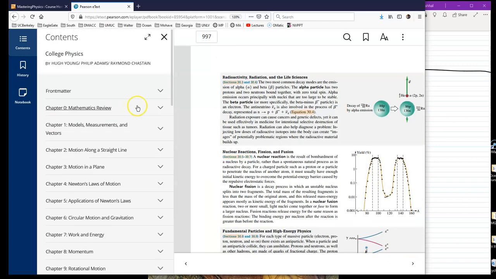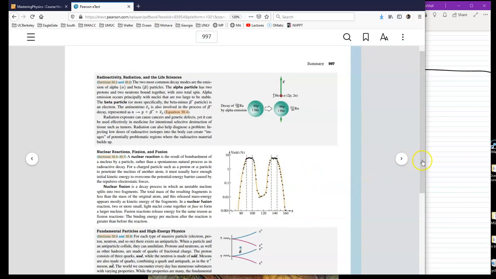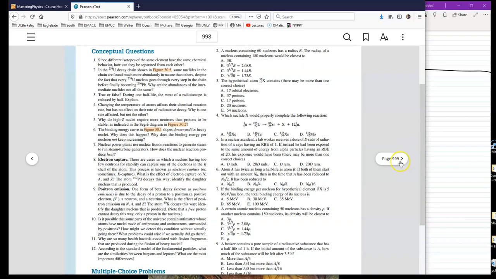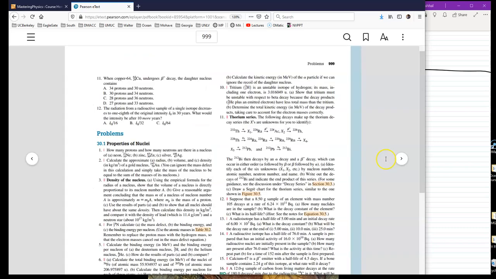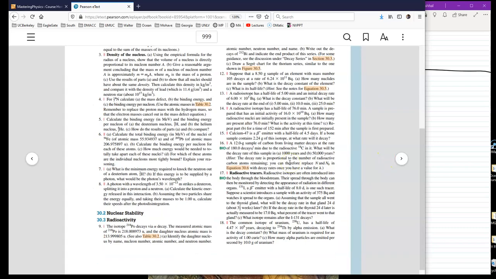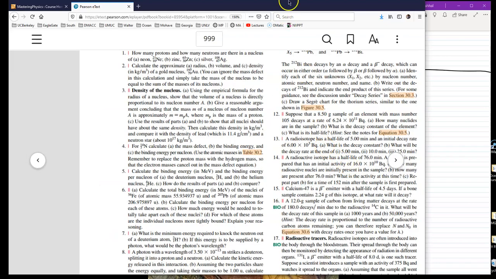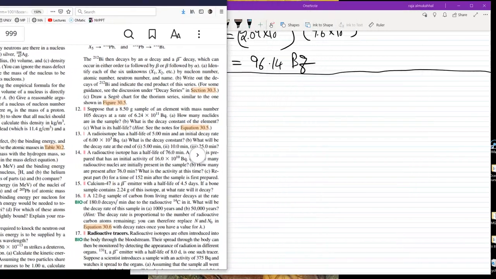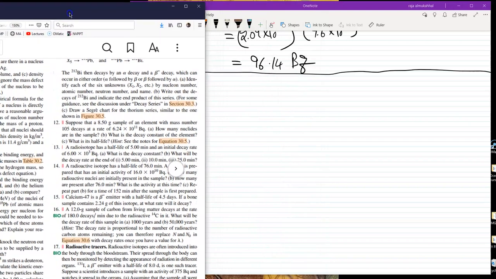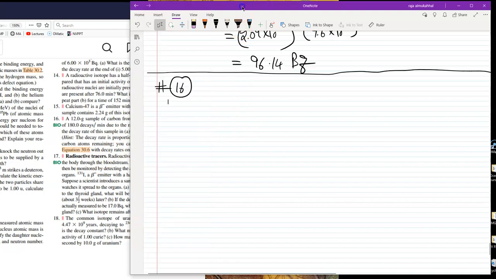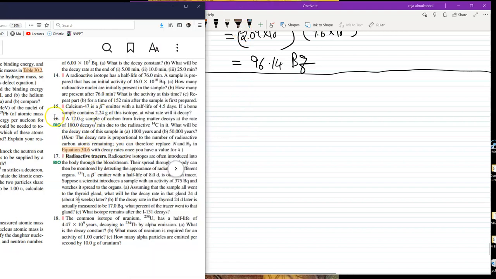Let me magnify it a little bit, and move it to the side. I want to keep it within the frame of the video screen. Okay, let's read it together. It's right here, number 16.